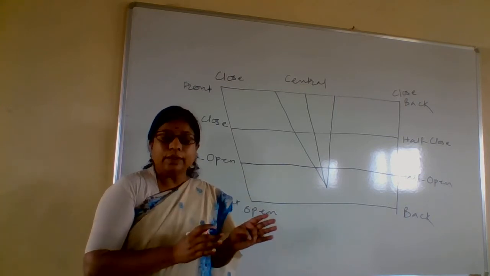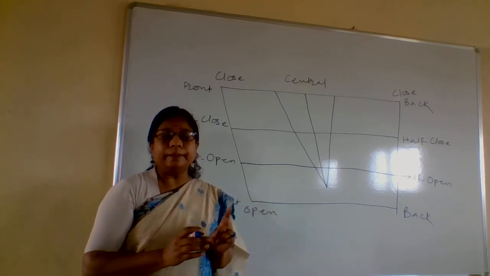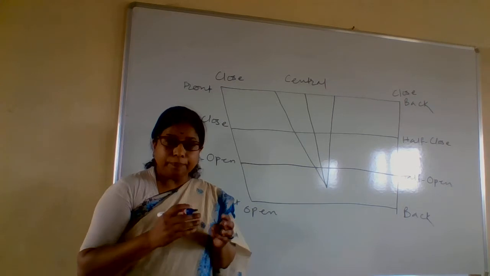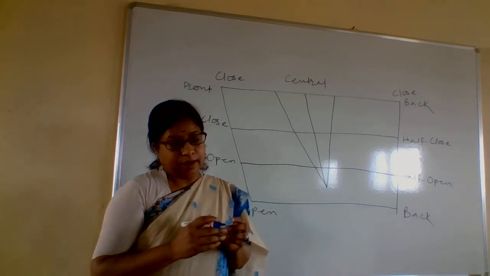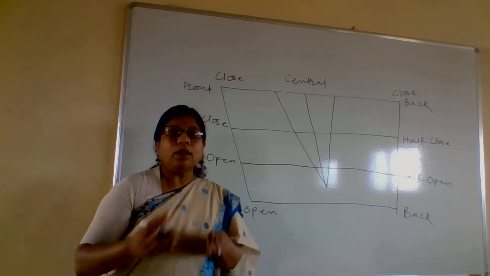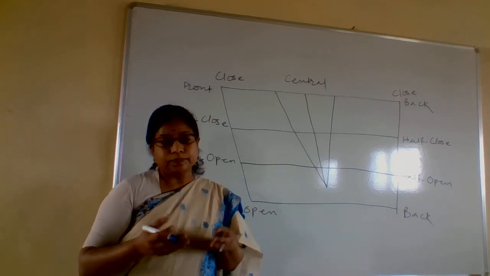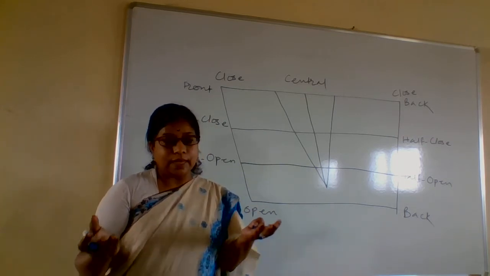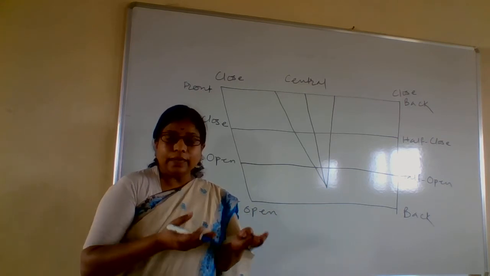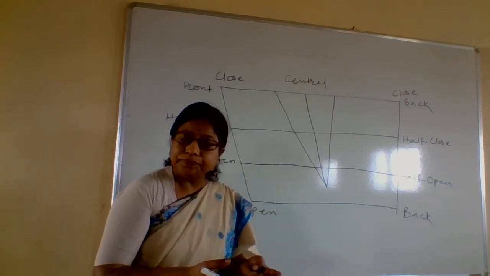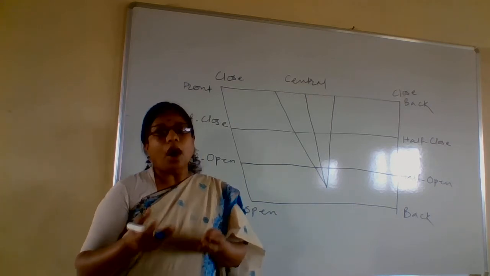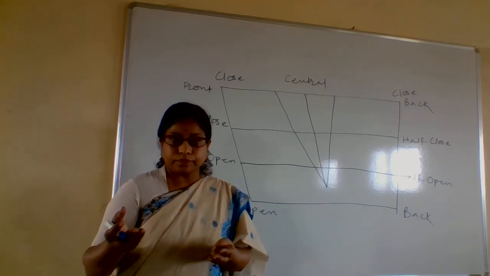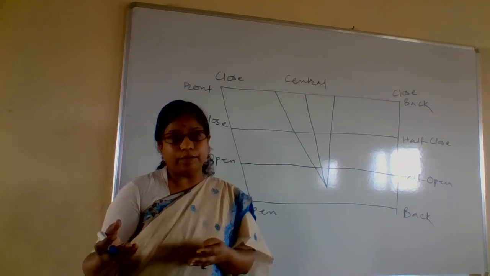For the vowels, the first label is given depending upon the position of the lips, whether the lips are rounded or unrounded. These are the two labels. Either a vowel is a rounded vowel depending upon the position of the lips, or it is an unrounded vowel.